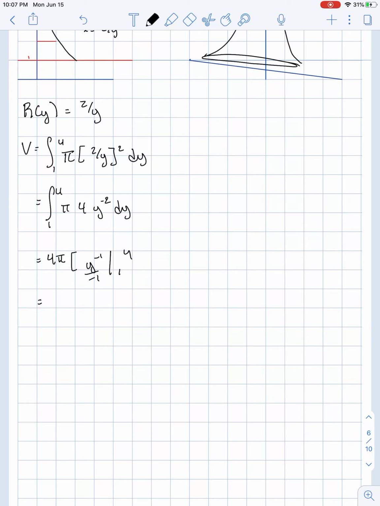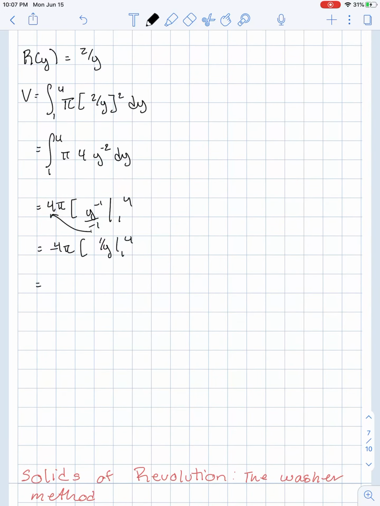So I'm going to do a little sneaky trick and move this negative out front. So I get negative 4 pi times 1 over y from 1 to 4, which will give me negative 4 pi times 1/4 minus 1, which is negative 3/4.